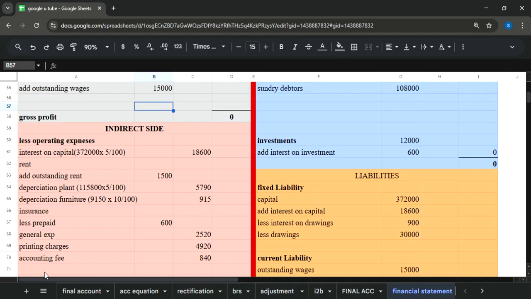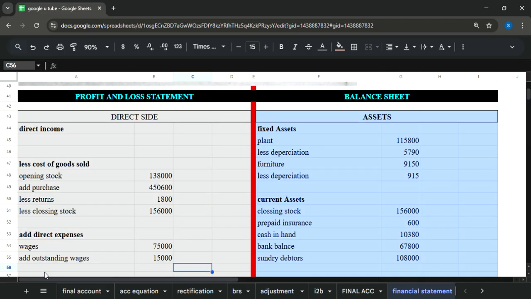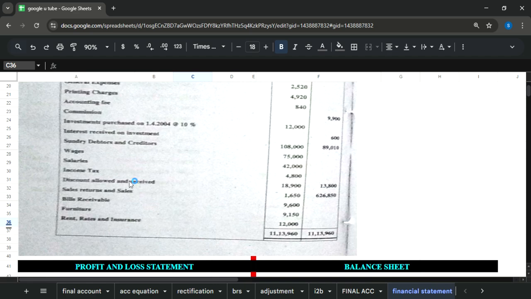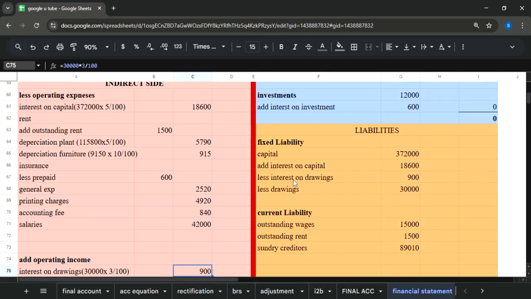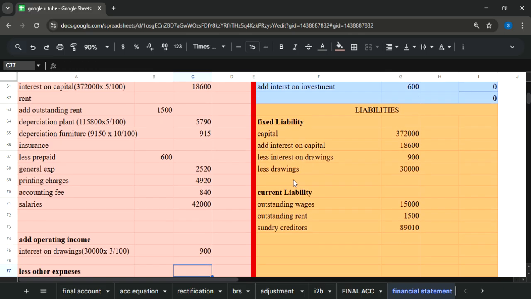Here in operating expense, we will write salaries, 42,000. Okay. Let it be checked again. Yes, we have written 42,000.